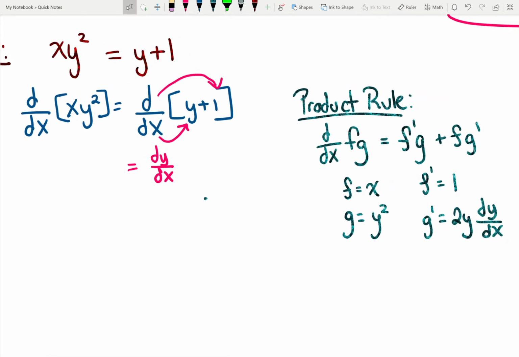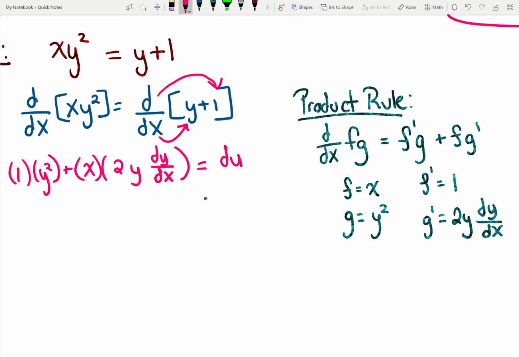On the left-hand side, we'll have 1 times y squared plus x times 2y dy dx equals dy dx.